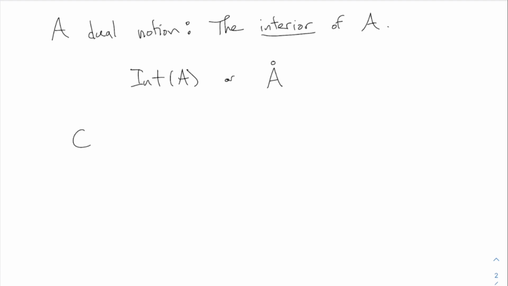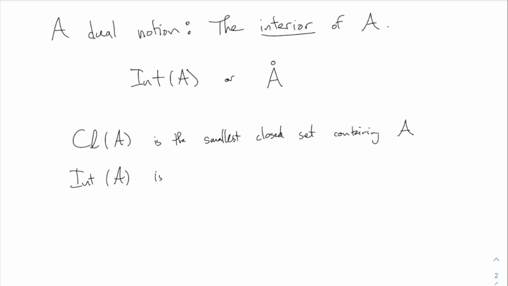Not the opposite, but the complement or something like that. So the closure of A is the smallest closed set containing A. The interior of A is, I'm going to try and just reverse all those words except for is and the. Biggest open set, and rather than containing A, it's which is contained inside of A.